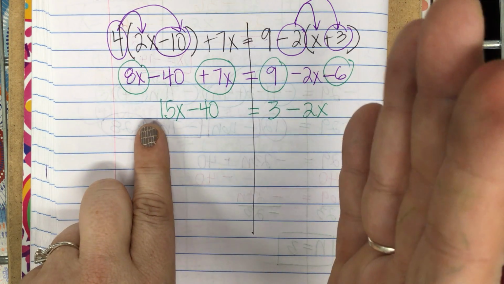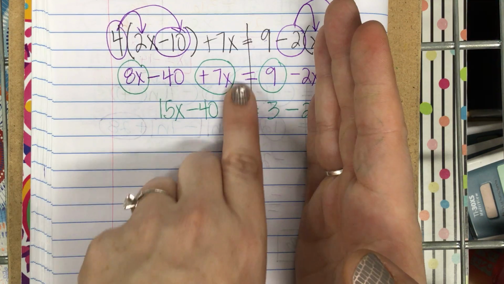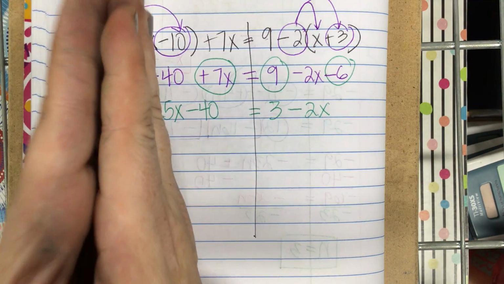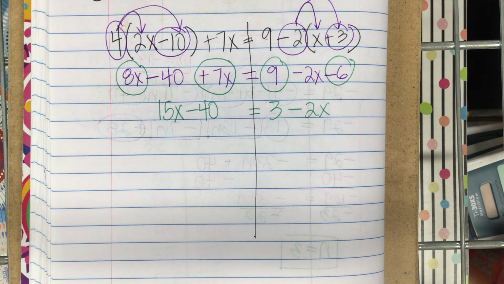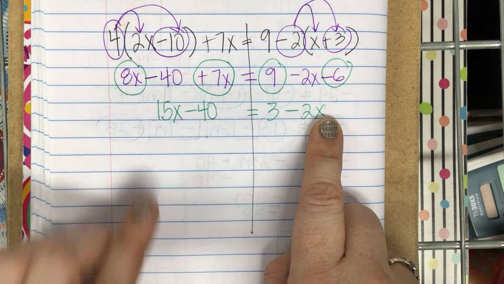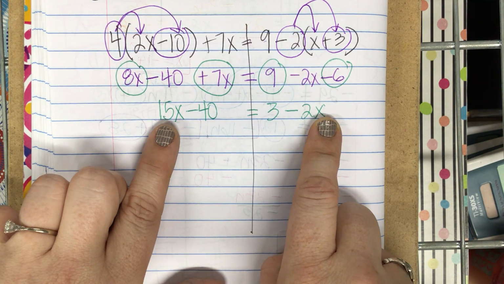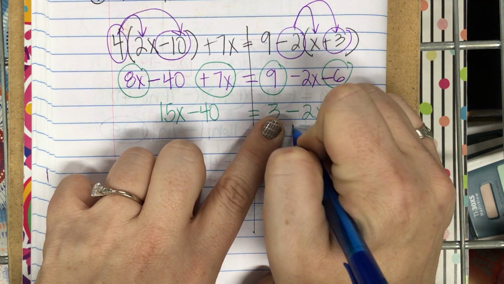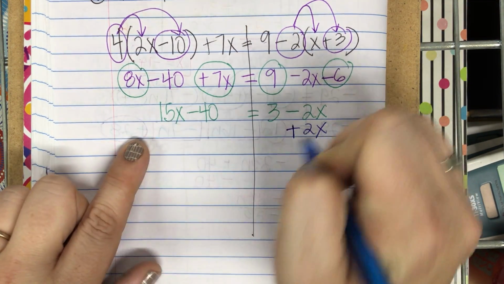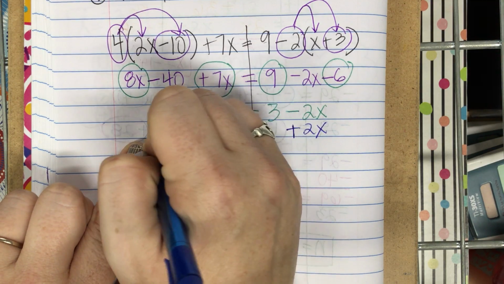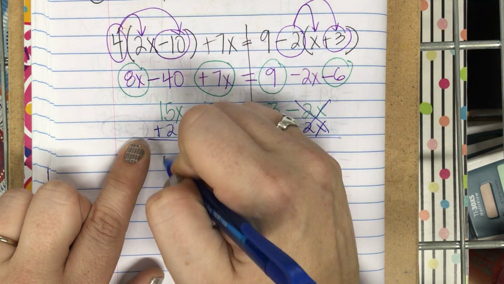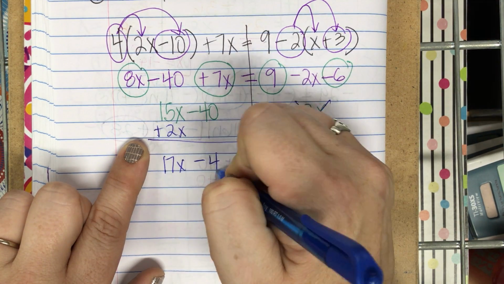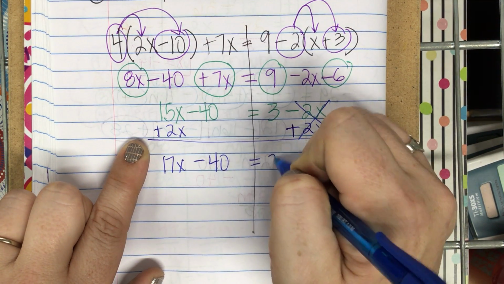And anytime something moves from one side of the equal sign to the other, I have to do the inverse, or the opposite. Negative 2x is smaller than 15x. Do you agree? So I'm going to take this one and I'm going to add it because that's going to move it. 17x minus 40 equals 3.